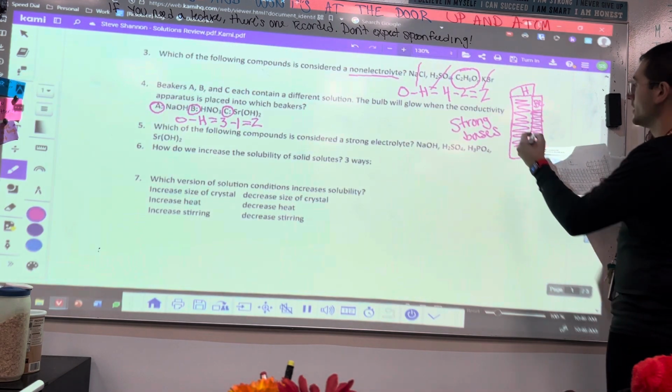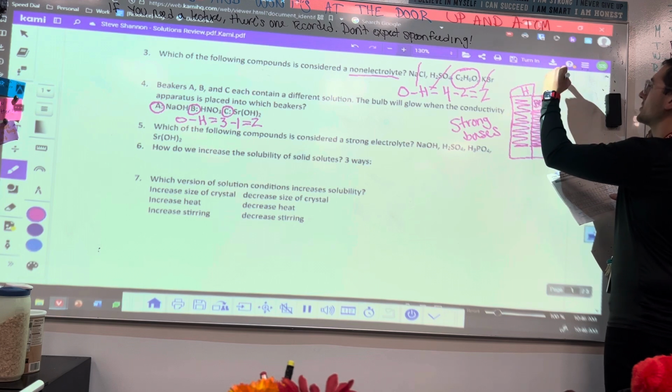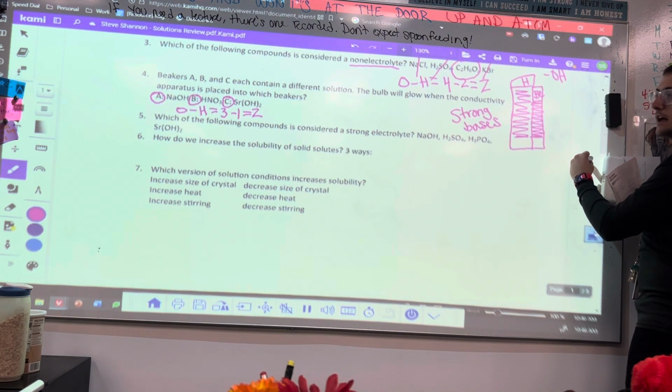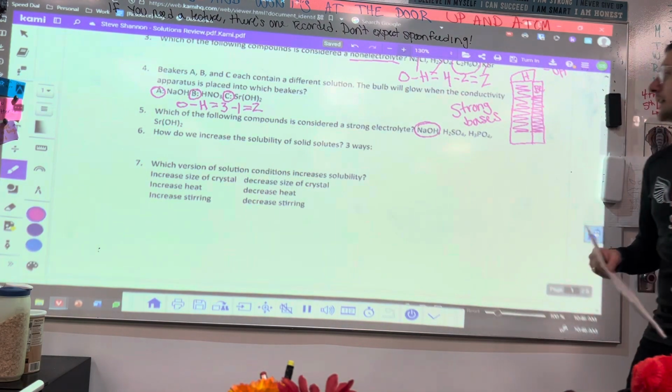Na is about right here, so if it forms with OH, it's going to be a strong base. A strong base is a strong electrolyte, so that's a yes.